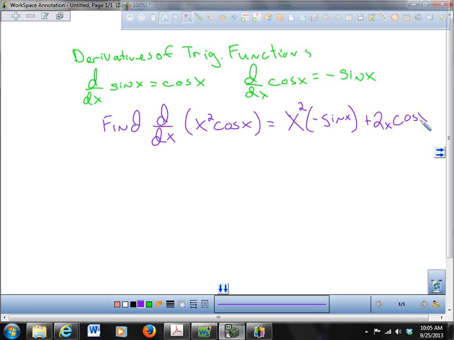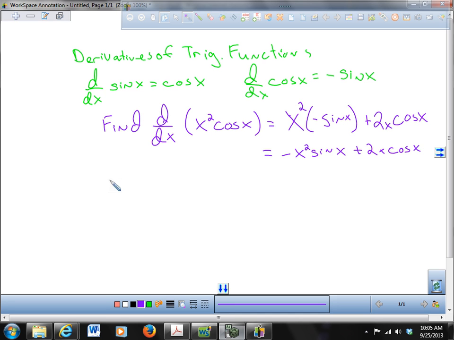Okay? And then you can simplify that a little bit, and you get negative x squared, because you can pull that negative sign out front. Negative x squared sine x plus 2x cosine x would be the derivative of x squared cosine x.